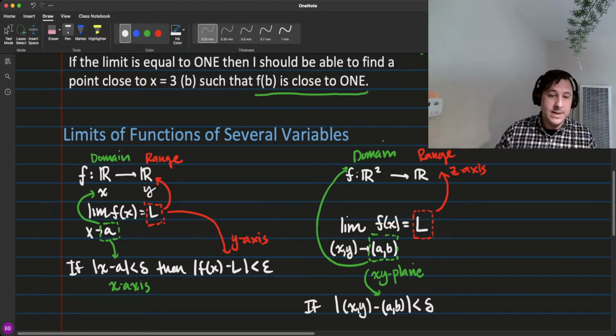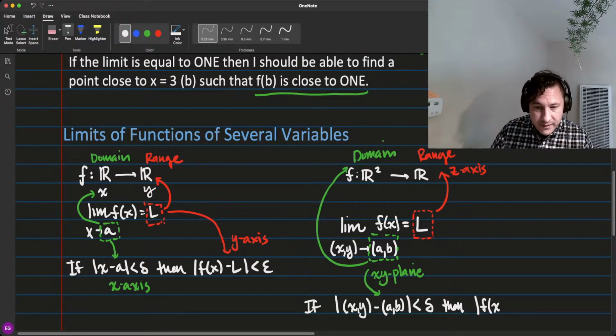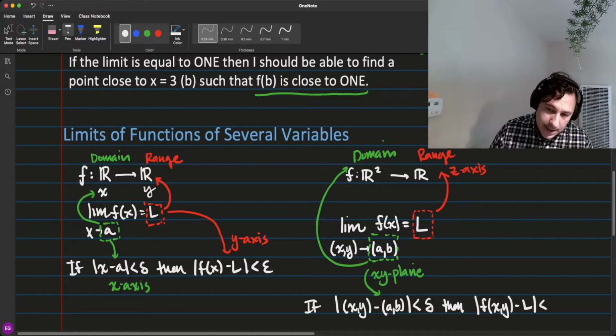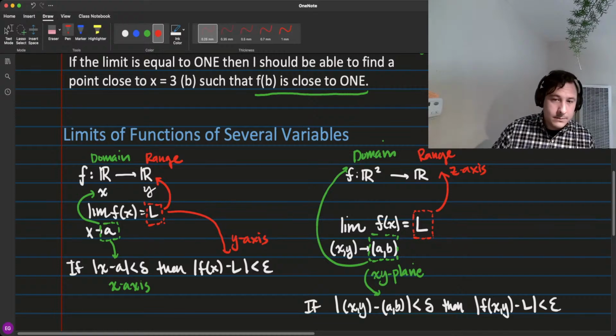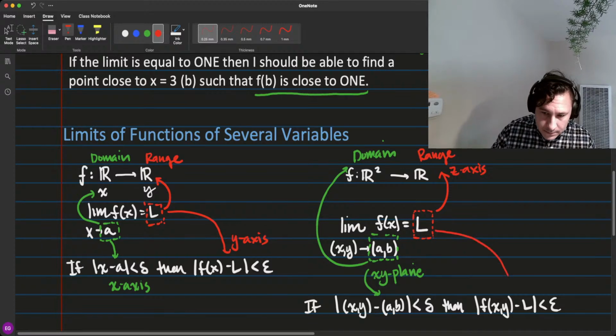So in our limit statements, it is if the distance between x comma y and a comma b is less than delta, then the distance between f of x comma y and L is less than epsilon. And that is on the z-axis.